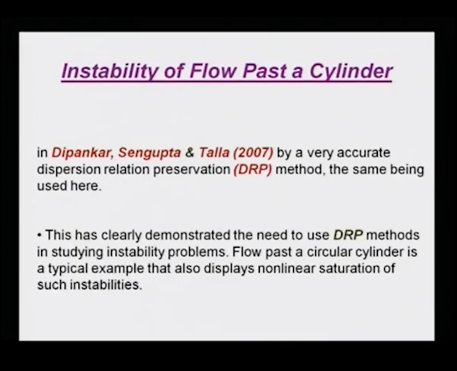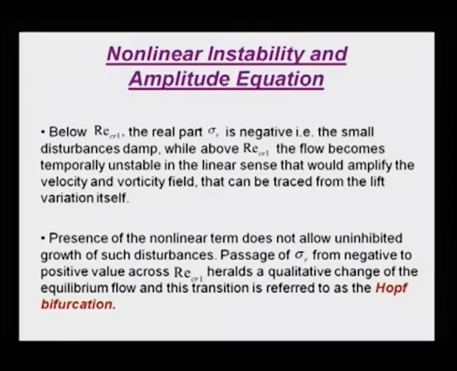Okay, I think we need to talk about numerical issues later. What I would like to do is talk about this issue of nonlinear effects moderating instability, and the amplitude equation.